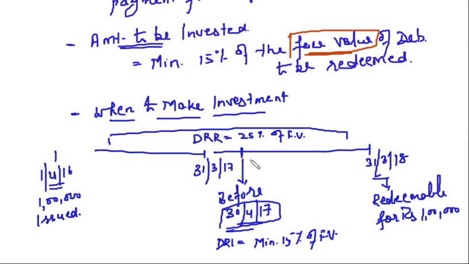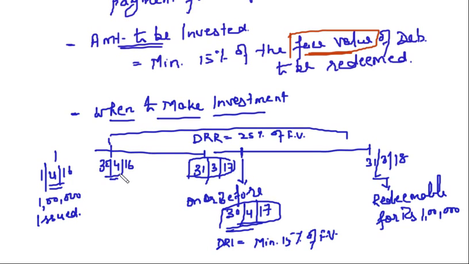So if your debentures are redeemable next year 31st March, that is 31st March 18, you have to create DRI on or before 30th of April 2017. And if you have some debentures redeemable on 31st of March 17, then you will create DRI on or before 30th of April 2016. Simple.